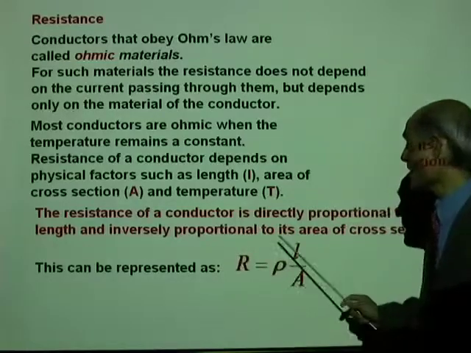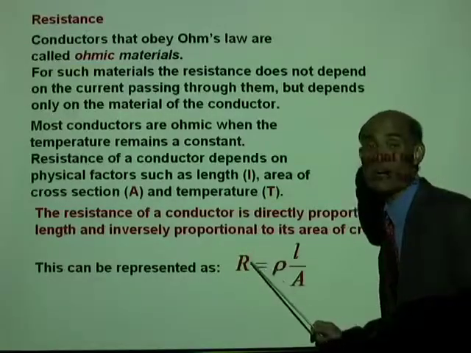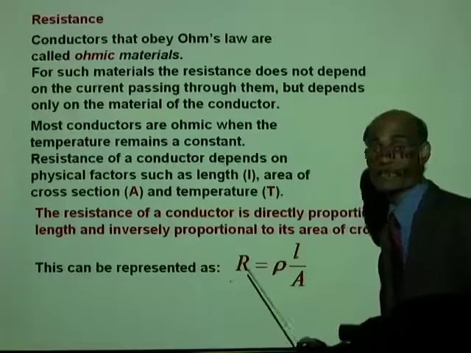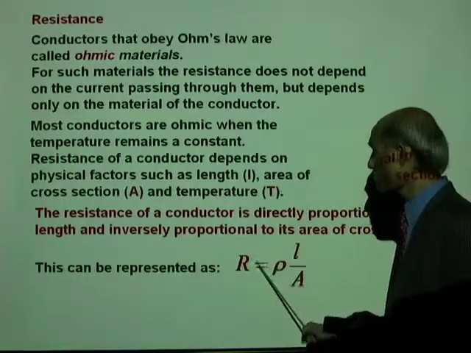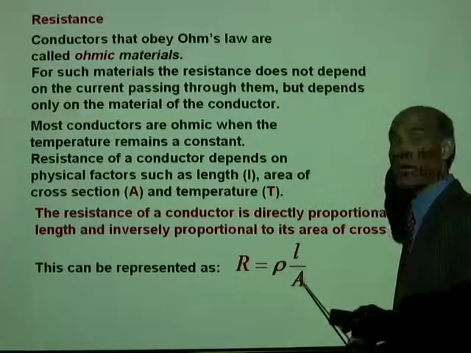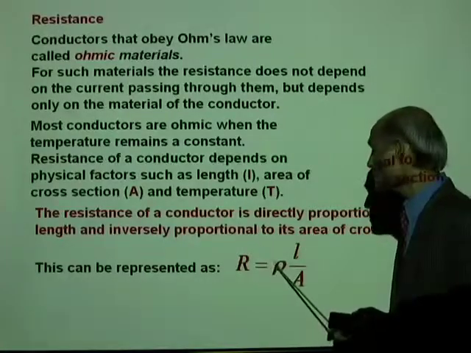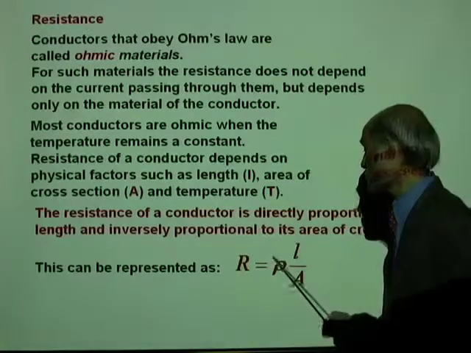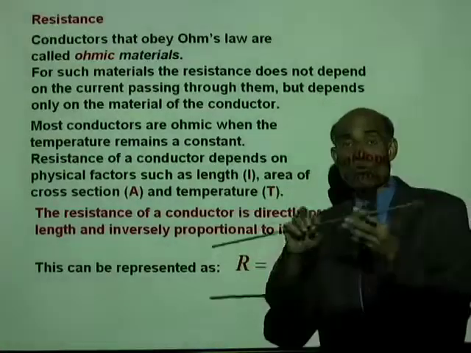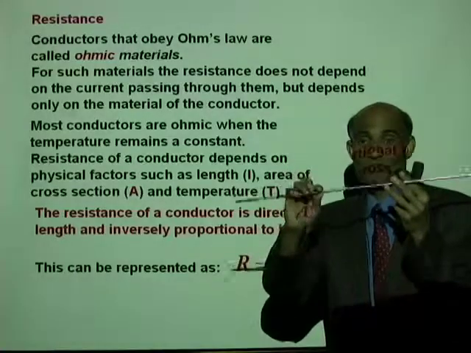You can write it as R is proportional to L over A, or R equal to a constant times L over A. So this is a constant for that particular material.